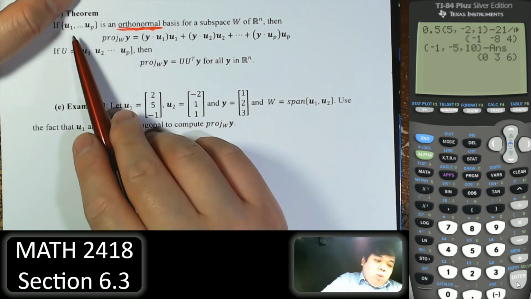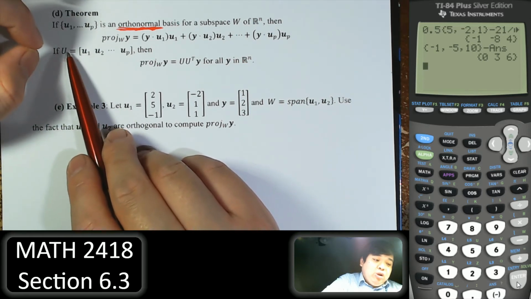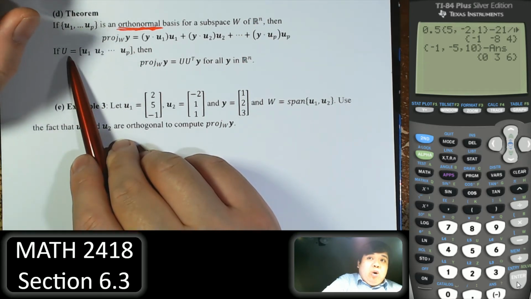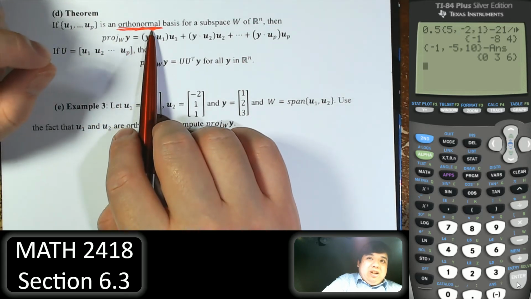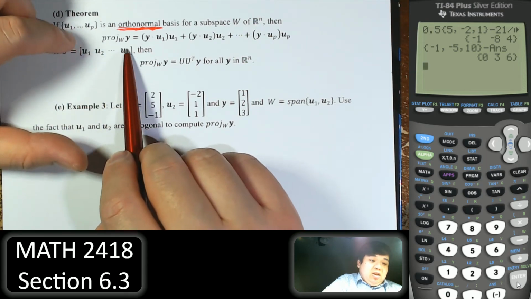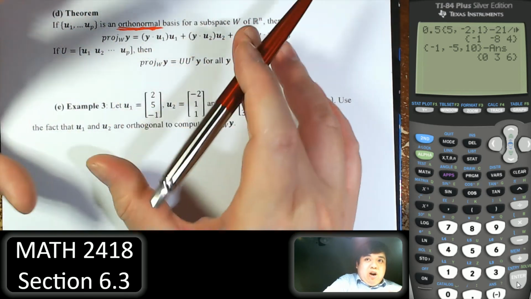In that case, when we put all of those vectors together, we have the matrix U. If this is a square matrix, it would be an orthogonal matrix, so kind of confusing, right? We have an orthonormal basis, but when we stack them together, that gives us a matrix. If this is a square matrix, it will be called orthogonal, not orthonormal.